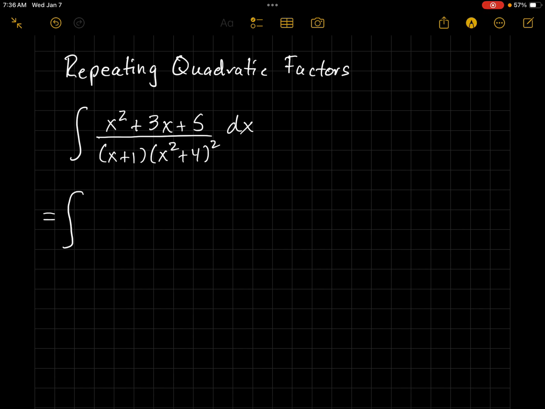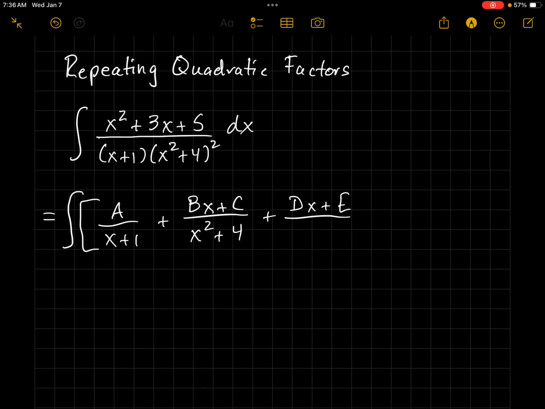To break this down, we would do some number over x plus 1. We would do a linear term over the x squared plus 4. And then we would need a second linear term over the x squared plus 4 squared.